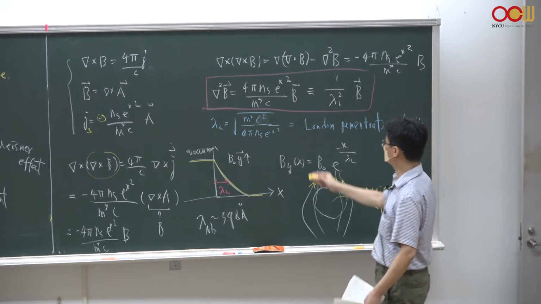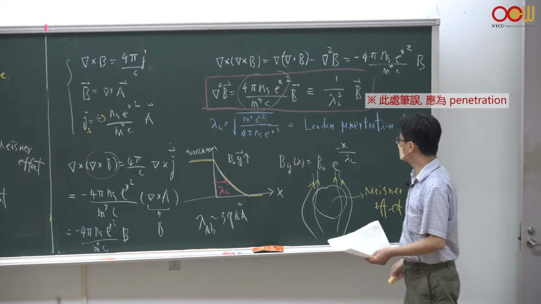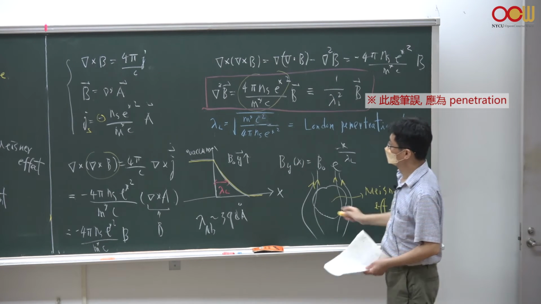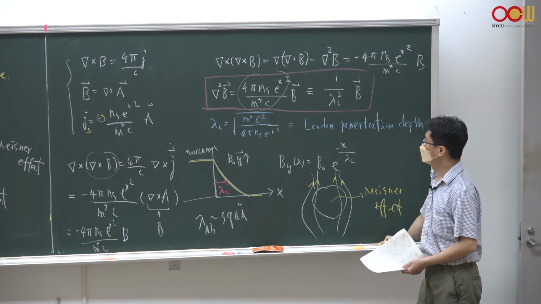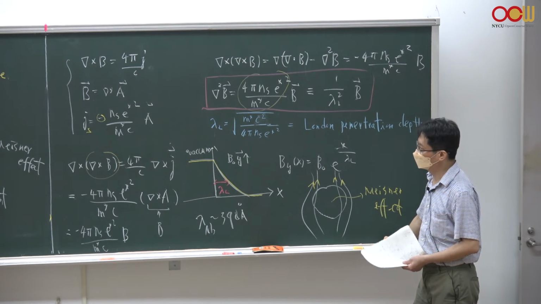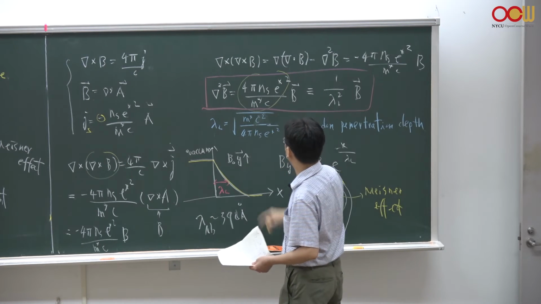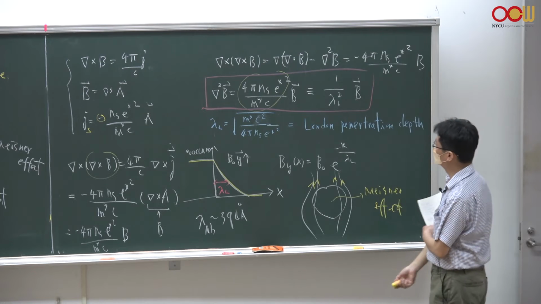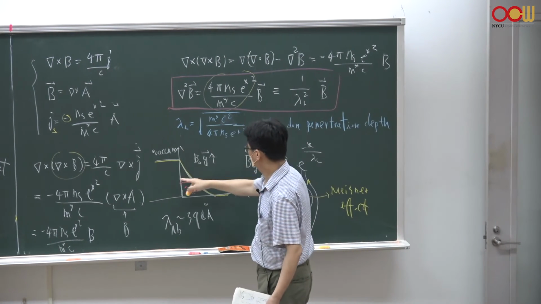We define this prefactor as 1 over the square of the London penetration depth, where lambda_L is given by the square root of this constant prefactor. Which means that once we are in the superconducting state, we should satisfy this Laplacian equation for the magnetic field.